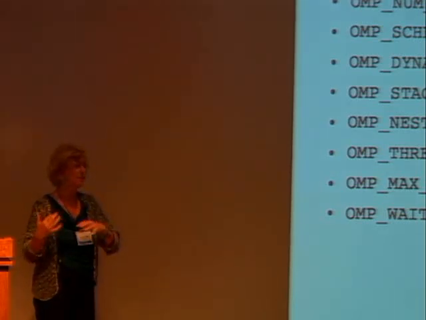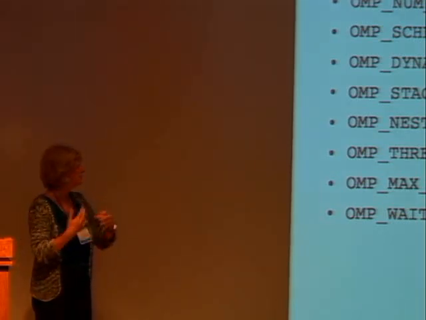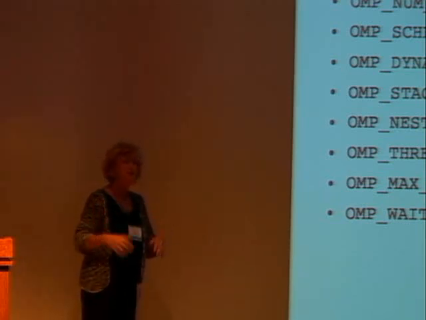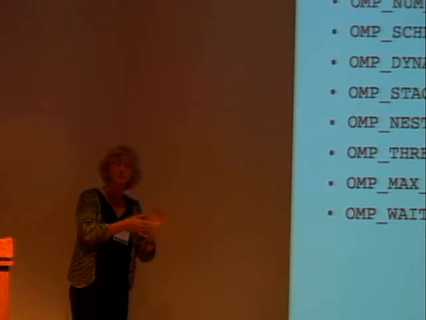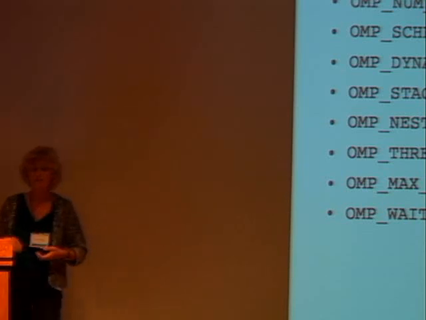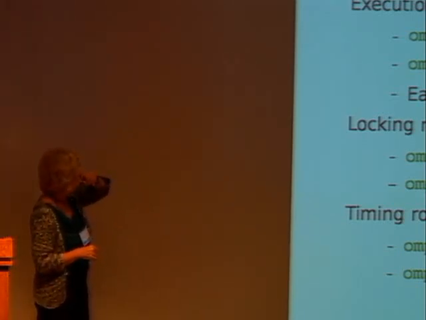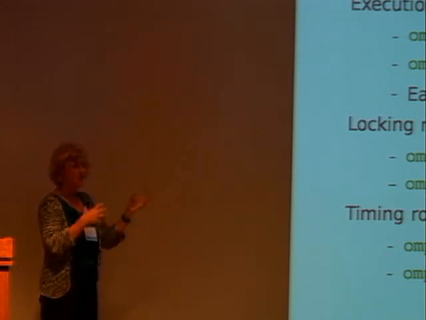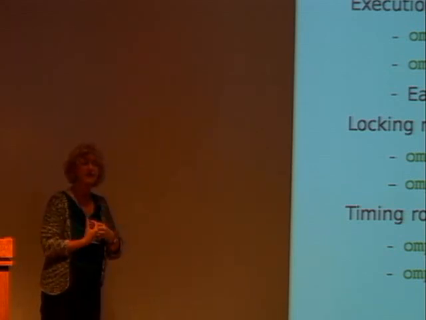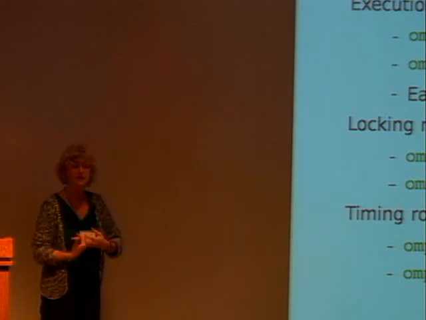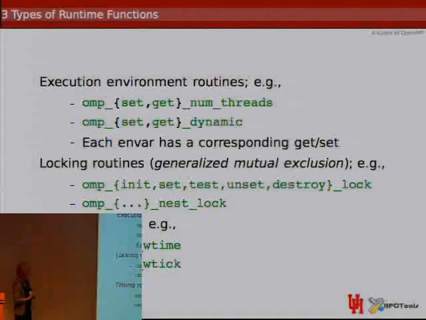It doesn't mean that it will always do that one, but sometimes, especially if something is waiting for a long time, it will want to go to sleep, and maybe it'll do that sooner if you've said that you prefer it to sleep. Okay, so again, there are these environment routines, and I won't say any more. We're going to look at a couple in a moment that will allow you to retrieve the values of those environment variables or to set them, and setting them will override them.